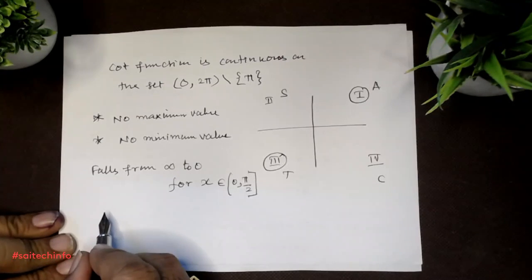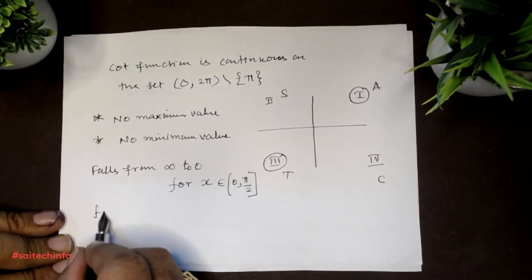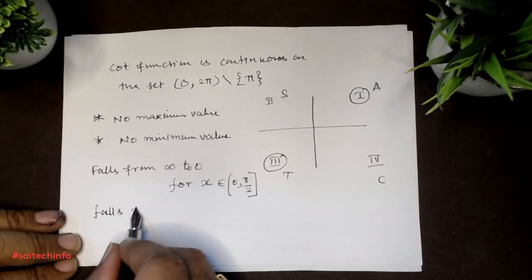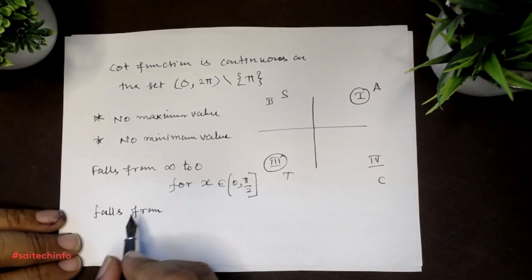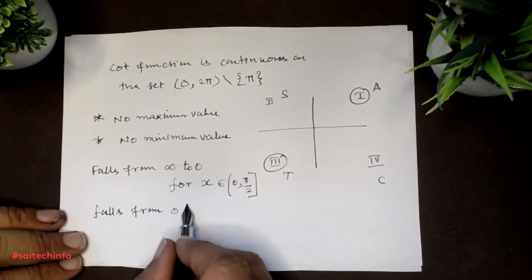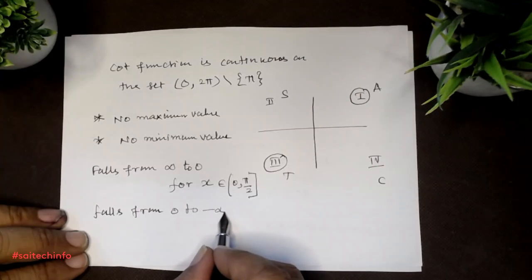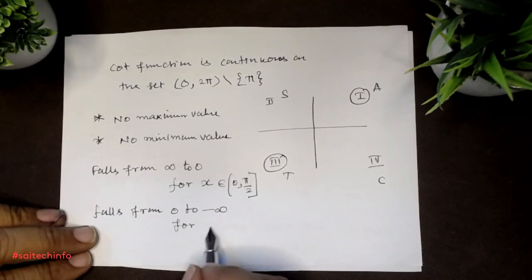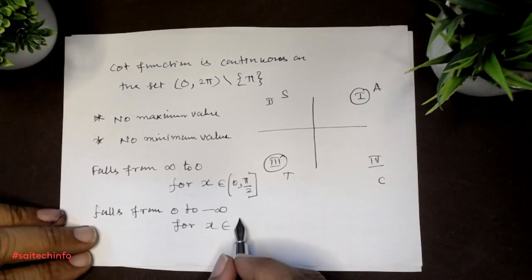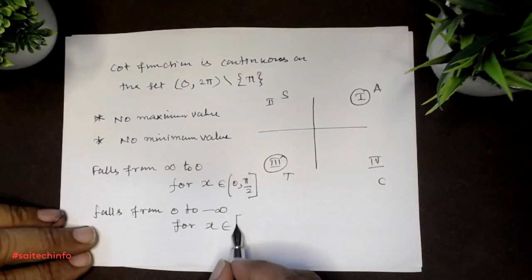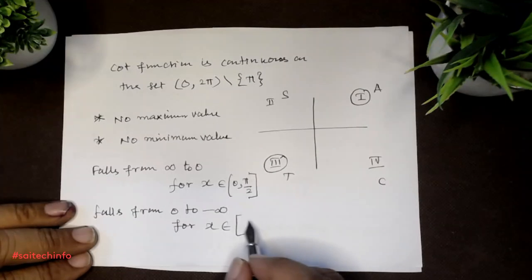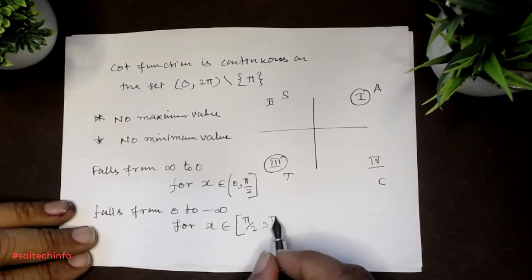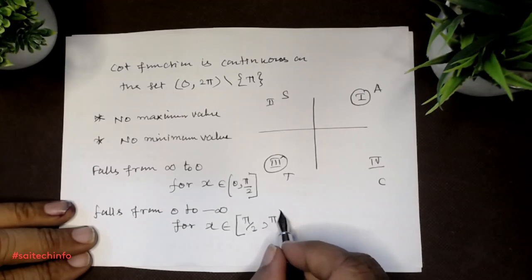Then it falls from 0 to minus infinity for x that lies in the interval pi by 2 to pi, closed at pi by 2 and open at pi.